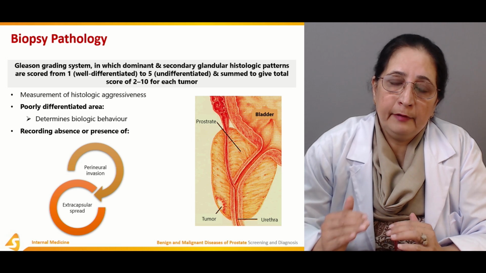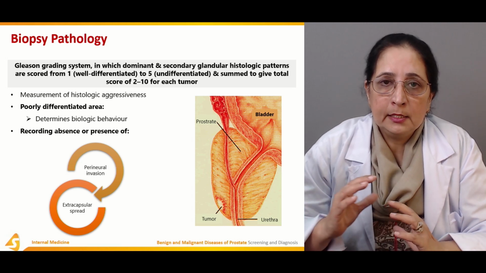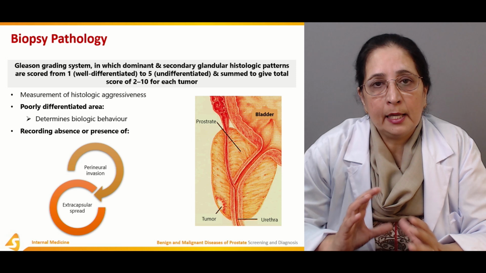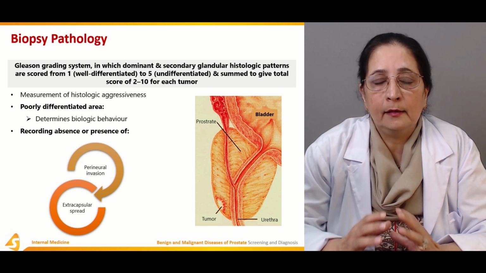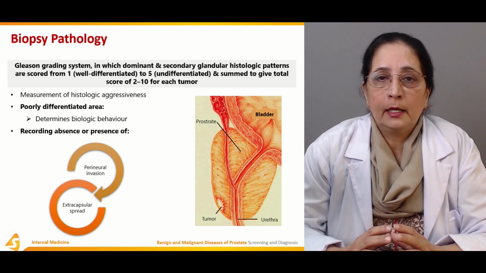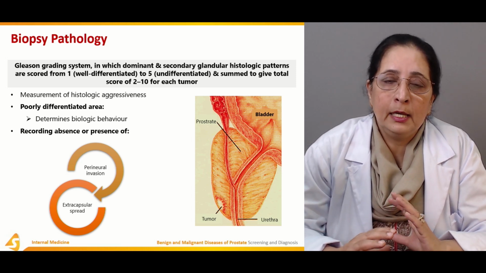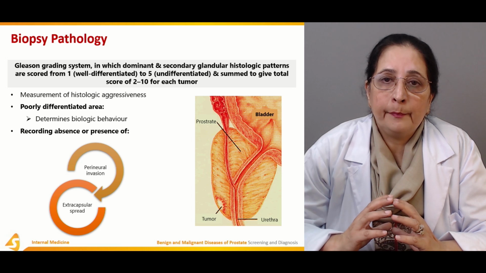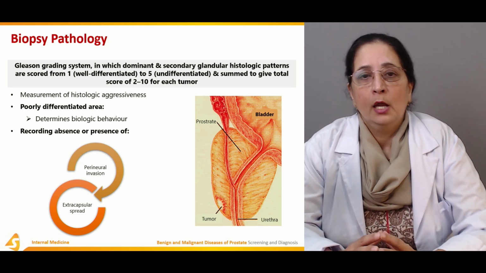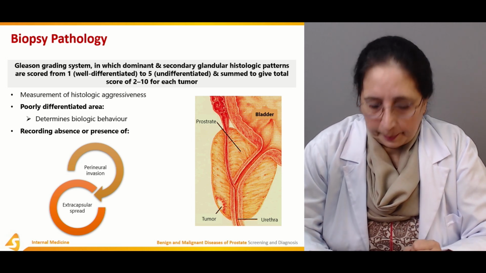So this is very, very important. One is the TNM grading, and the other grading method here in prostate cancer is the Gleason grading system, which is based on the appearance of the tissue under the microscope.